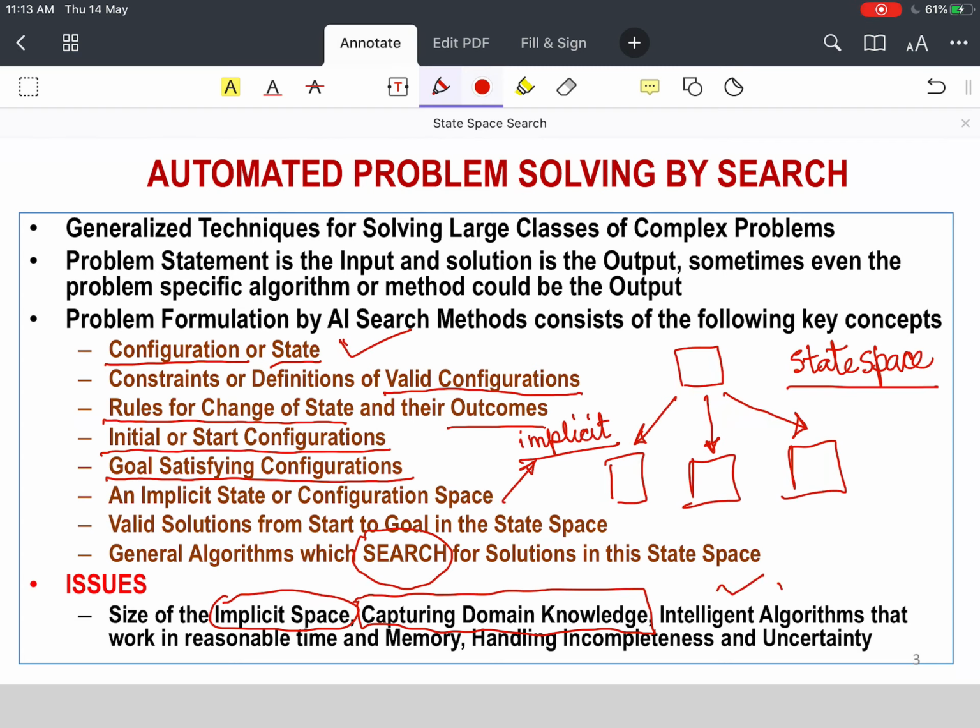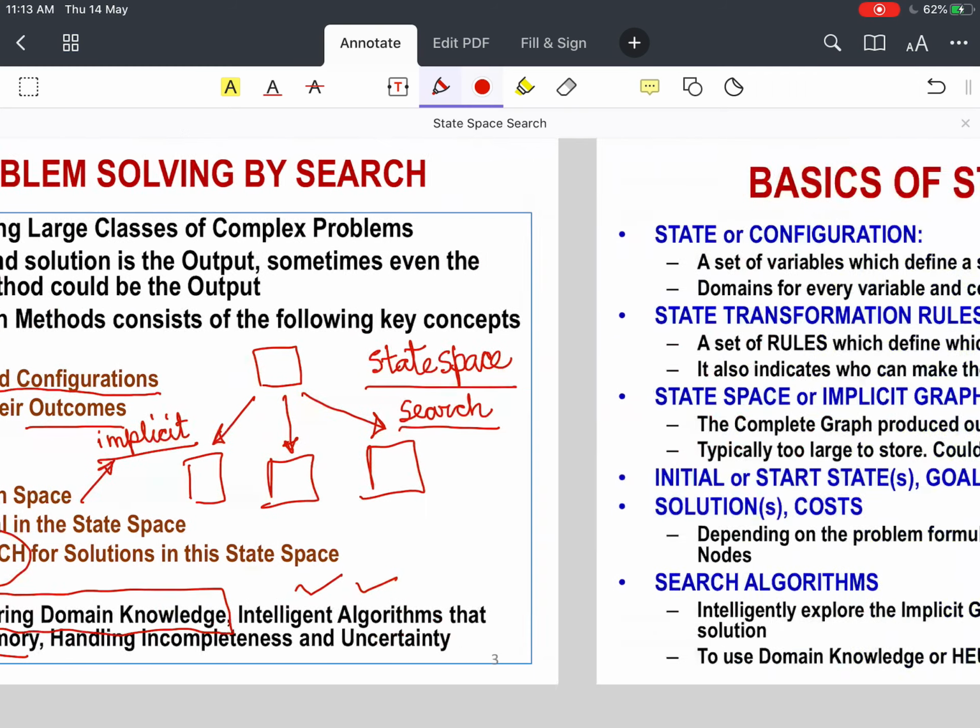Finally, we want to have intelligent algorithms that work in reasonable time and memory, and will handle various kinds of things like uncertainty, etc., which we shall come to. So this is the overall framework on which we want to define what is called state space search, because this is methods for searching state spaces, and that is what we concentrate on in this lecture.